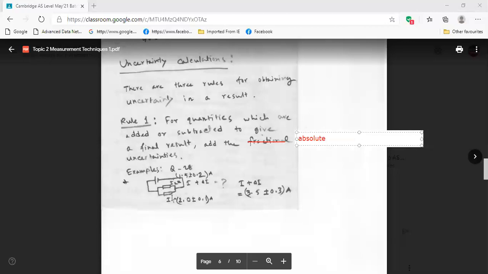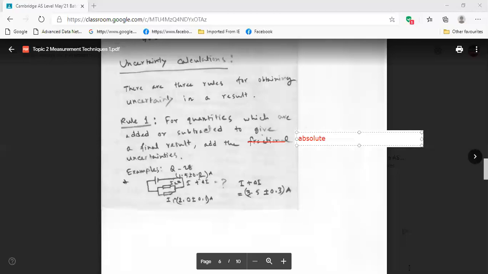parallel connections of two resistors. Current is divided, right, Navid? Yes, sir. So current is divided, and we are having I1, I2. I1 is 2 and I2 is 1.5, and their absolute uncertainty is 0.1 and 0.2.